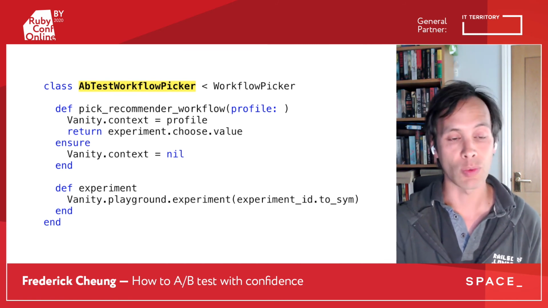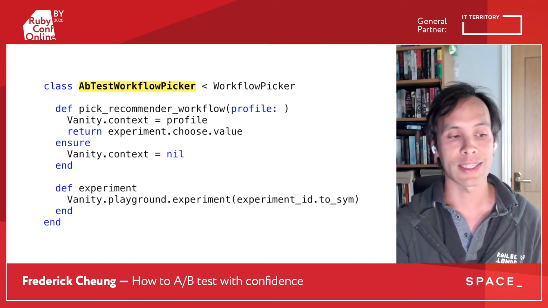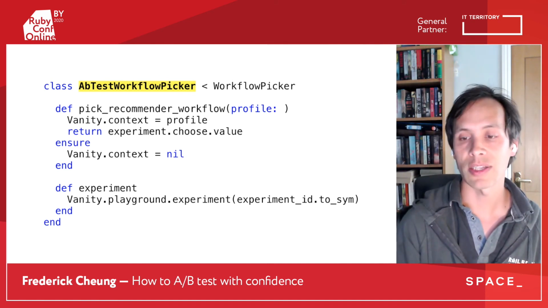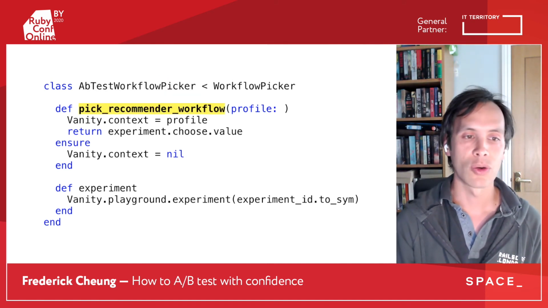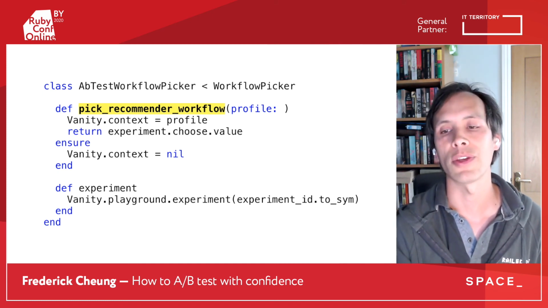There are lots of different reasons why we might choose one algorithm or another, a different context, different placements, and so on. But one reason is we're running an A/B test, and that test is going to decide what algorithm you get. And this class has to implement one method, which is pick recommender workflow. So please return me the name of the algorithm to use.